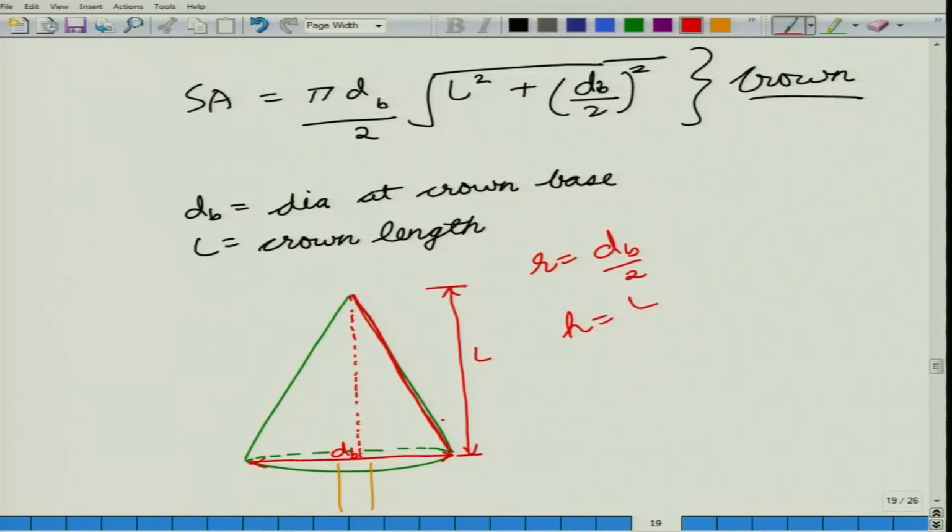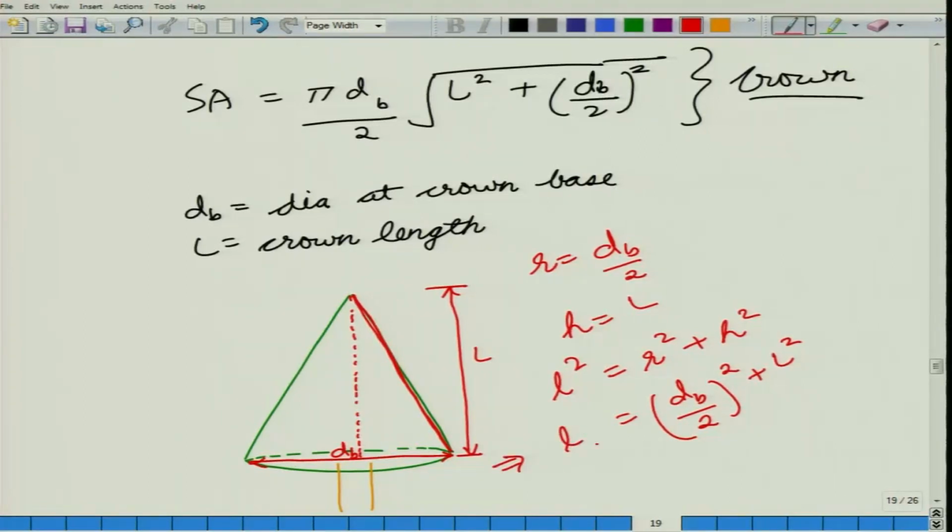Using our equations for a cone, we have small l squared is equal to r squared plus h squared, which is (dB by 2) squared plus L squared. So we'll get that your small l is the square root of this portion.